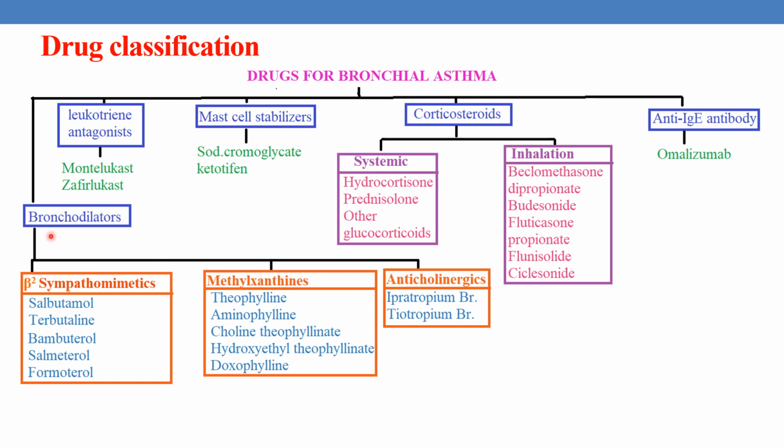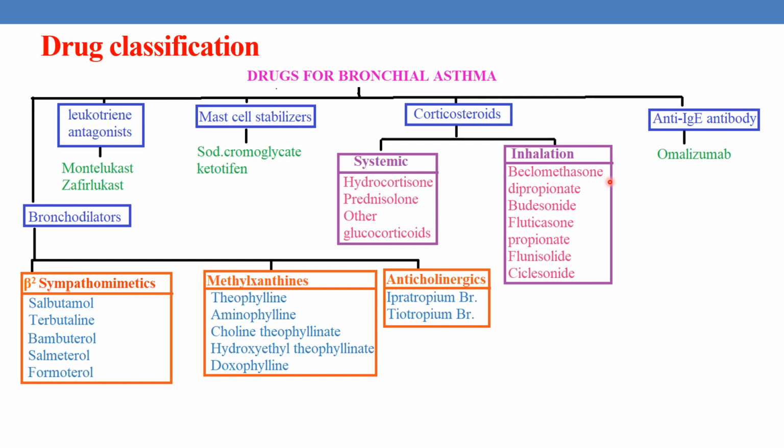In the previous session we discussed bronchodilators, and in the current session we will be focusing on leukotriene antagonists, which are montelukast and zafirlukast, mast cell stabilizers, that is sodium cromoglycate and ketotifen, and corticosteroids, which are systemic and inhalational. Systemic corticosteroids are hydrocortisone, prednisolone and other glucocorticoids.